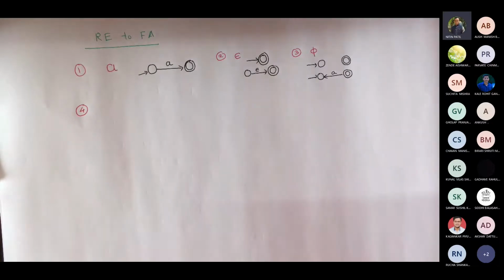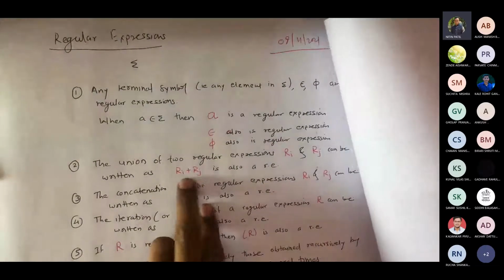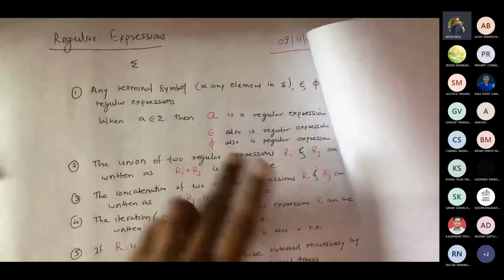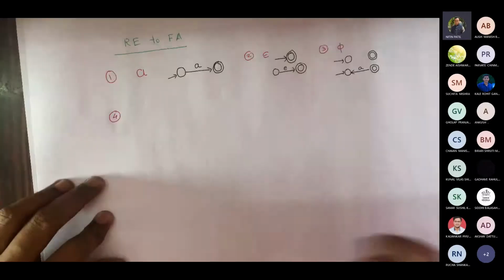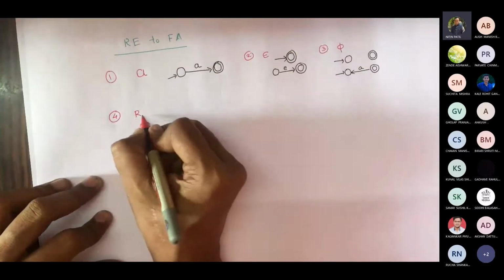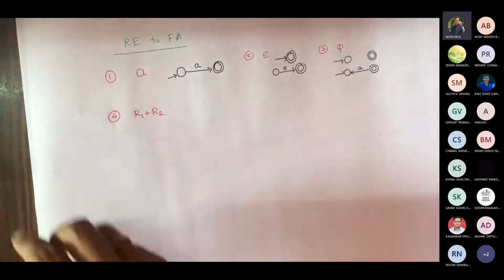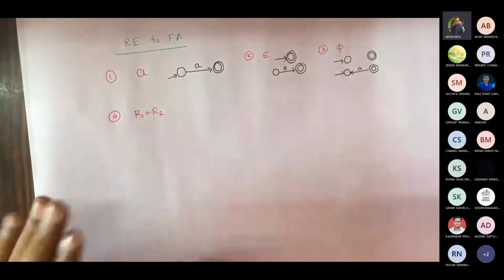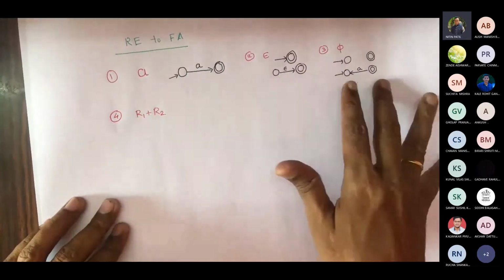Now I am using the fourth one. If I go with the definition perspective, I saw Ri plus Rj, that means either of the regular expressions. Let me take, for example, R1 plus R2. Now if R1 and R2 are regular expressions, there is definitely an initial state and a final state, no matter which kind they are.